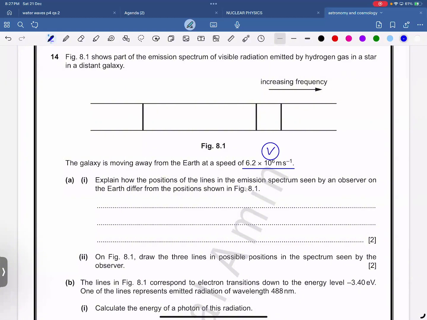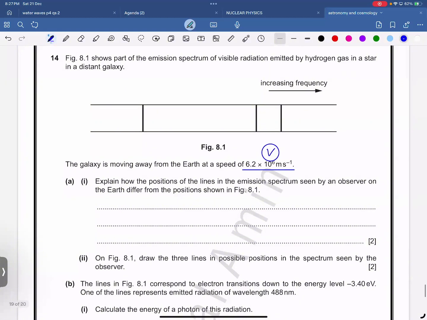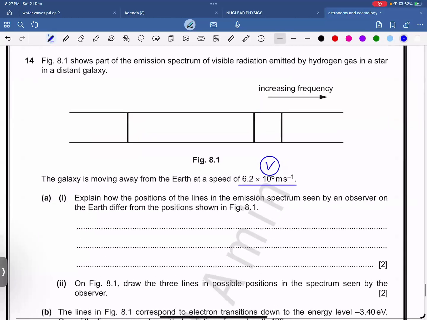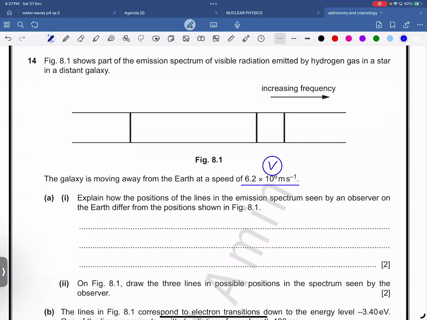So how the positions of the lines in the emission spectrum seen by observer on Earth differ from the positions of this? Okay.